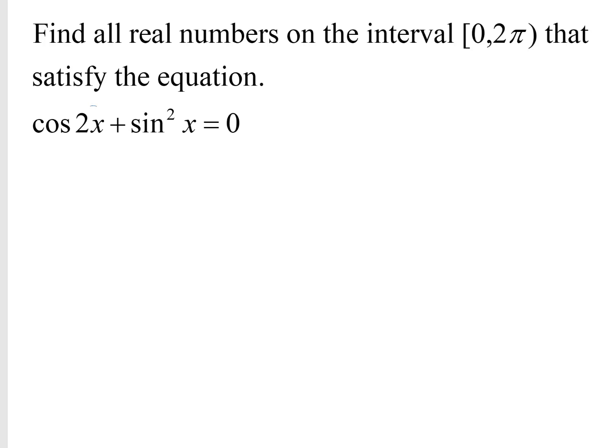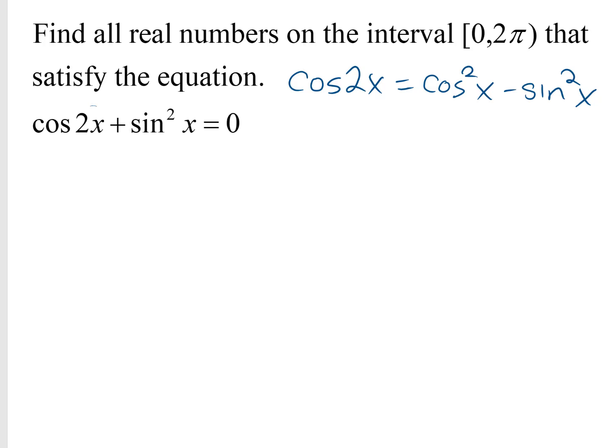So let's look at the cosine 2x, and we know that we have a double angle formula, and that is cosine squared x minus sine squared x. That would get things in terms of a sine squared, but it would also have a cosine squared in it.